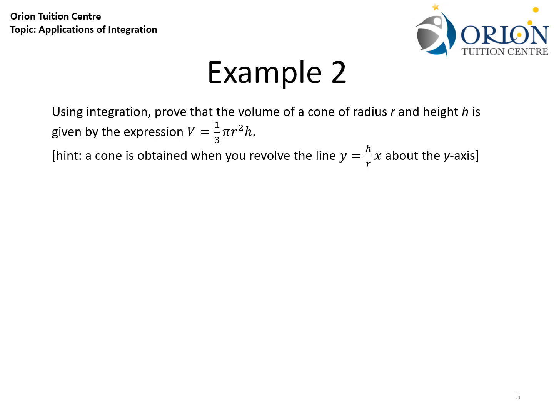In example 2, we are now asked to show that the volume of a cone is equals to 1/3 pi r square h, as we have learned in secondary school. A cone can be formed when we revolve a straight line about the axis. Now we are told that if we want a cone of a radius r and a height of h, what we have to do is to revolve the line y equals to h over r times x about the y-axis.